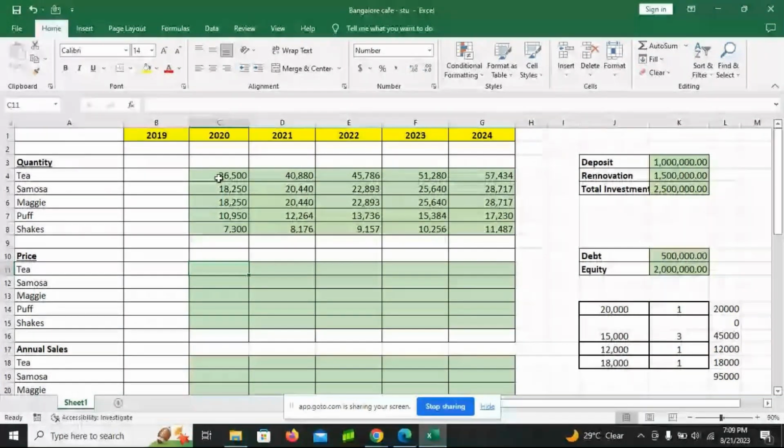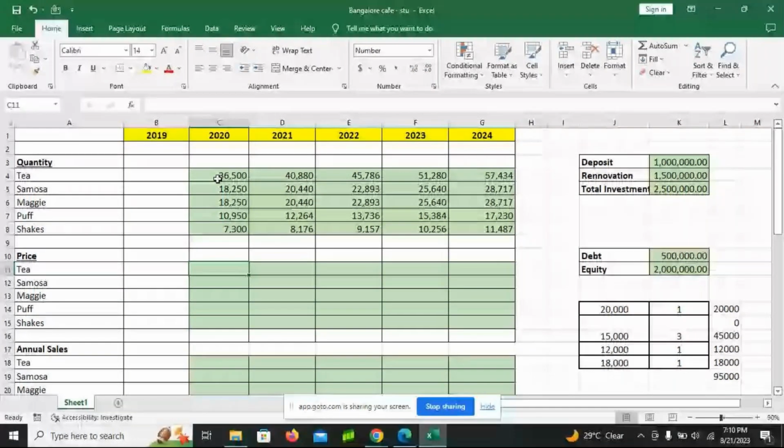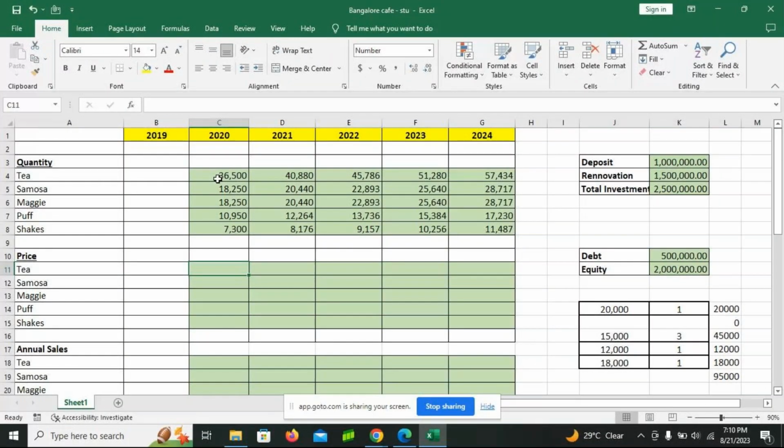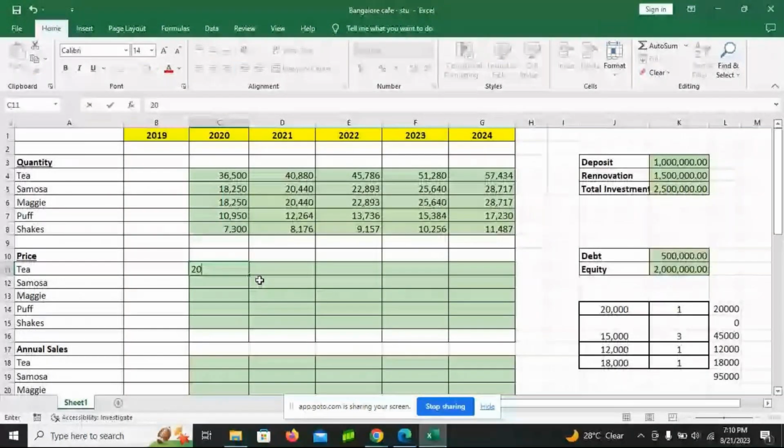Guys, done? By the time you finish, I'll put the price over here. So 20 rupees. Is there any inflation they are telling here?